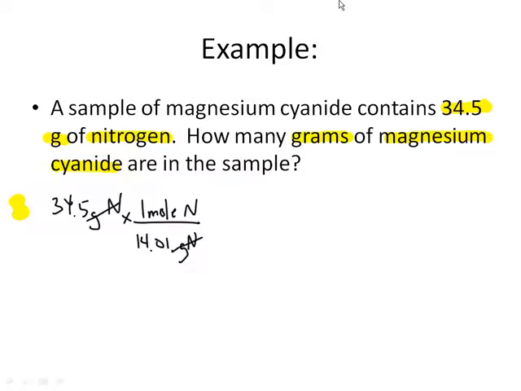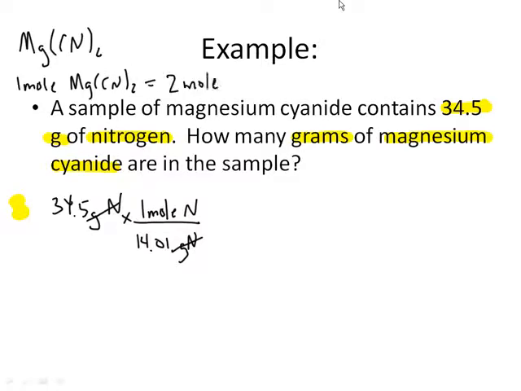But I'm starting with nitrogen, but I need to get to magnesium cyanide. And if we think about it, magnesium cyanide has this formula, MgCN2. So from what we've learned here in Chapter 6, we can say that 1 mole of magnesium cyanide is equal to 2 moles of nitrogen, because there's 2 N's in 1 MgCN2.